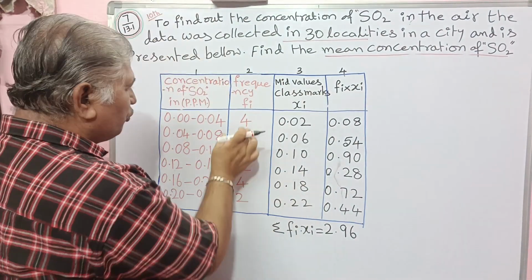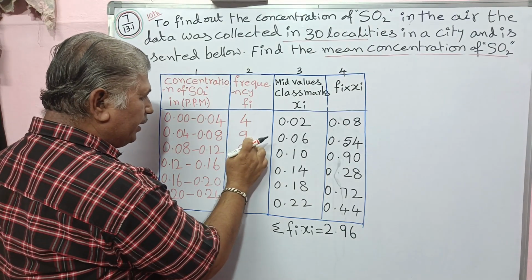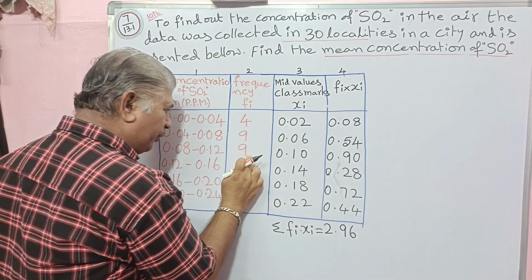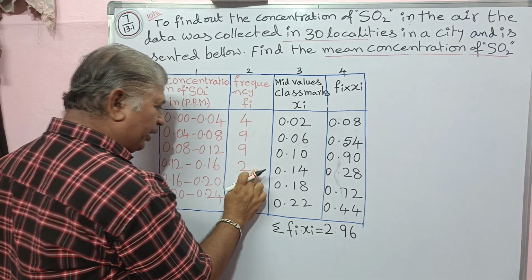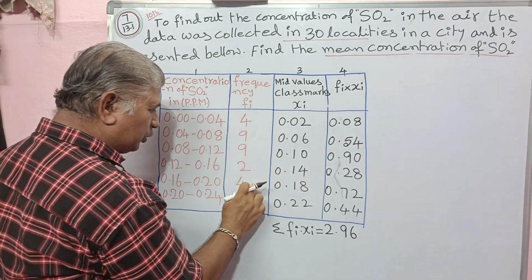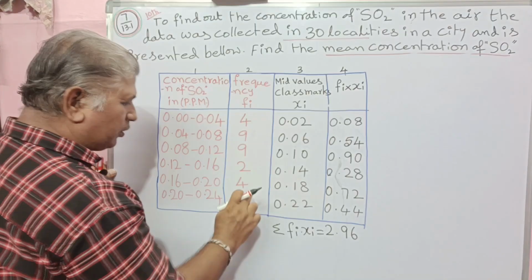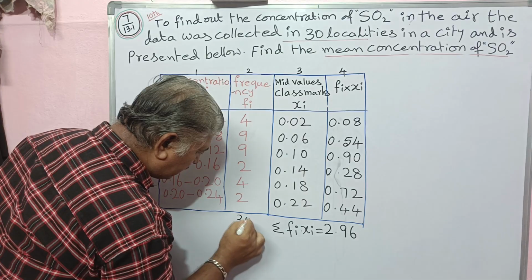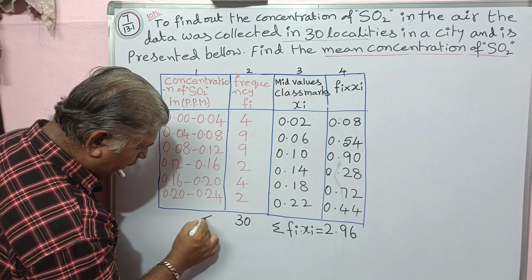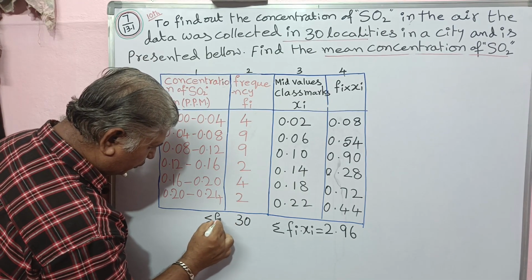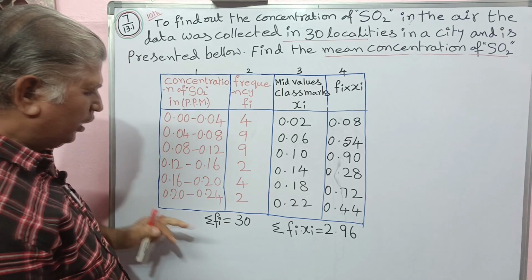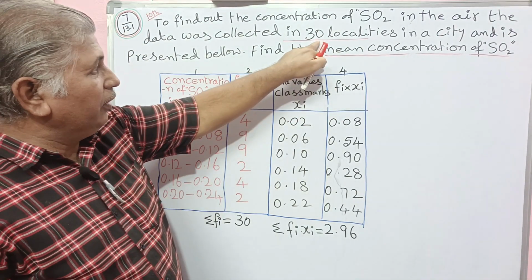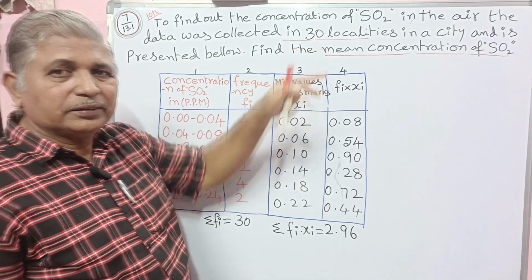So add the frequencies: 4 plus 9 is 13, 13 plus 9 is 22, 22 plus 2 is 24, 24 plus 2 is 26, and 26 plus 4 is 30.